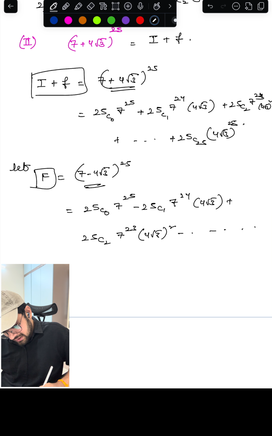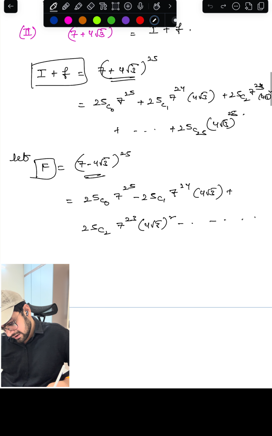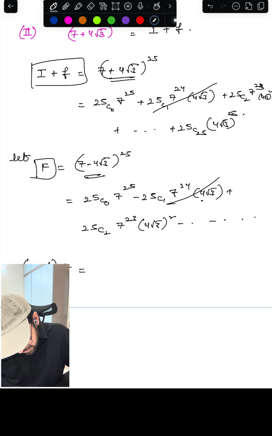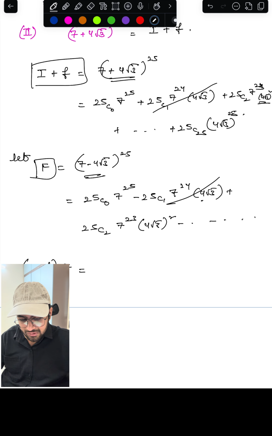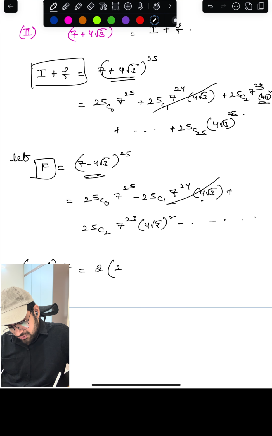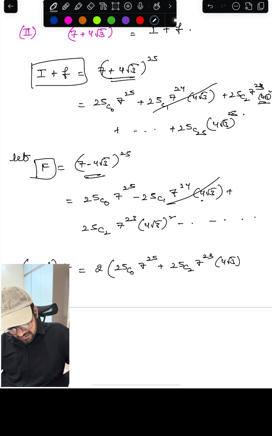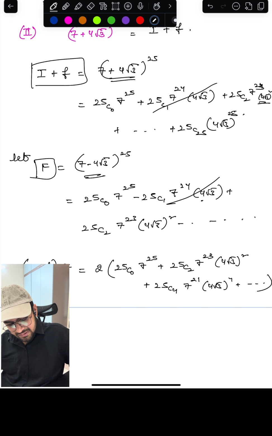What I will do is I will add them up, I plus small f plus capital F. If I add them up, the irrational terms will be cancelled out, because we are left with 4 root 3 whole square terms. If you apply even power, it will become a proper integer, right? So what I will get is 2 times of 25 c naught 7 power 25 plus 25 c2 7 power 23 times 4 root 3 whole square plus 25 c4 7 power 21 4 root 3 power 4 plus and so on, right?